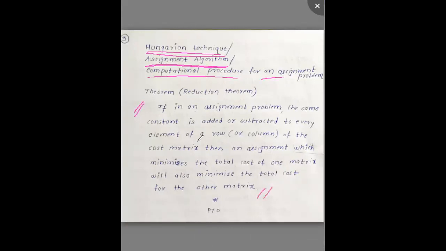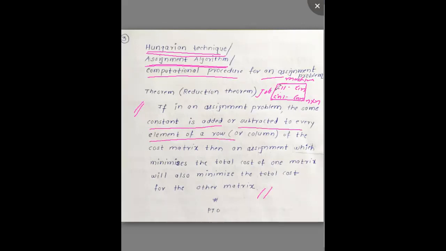We will first read it and then we will see the Hungarian technique. If in an assignment problem, we have seen the assignment problem can be stated using the n cross n cost matrix. So there are n rows and n columns. If in an assignment problem, the same constant is added or subtracted to every element of a row.